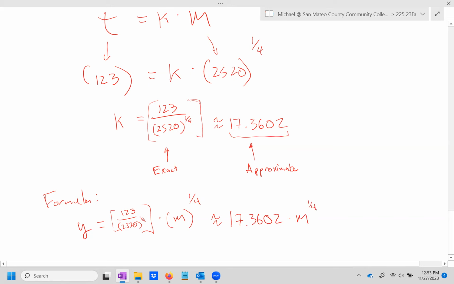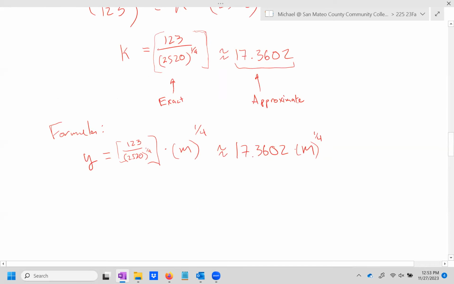This is a power function. Is this an exponential function? It's not exponential. Exponential functions have variables in the exponents. These are constants in the exponents. You gotta know the difference.